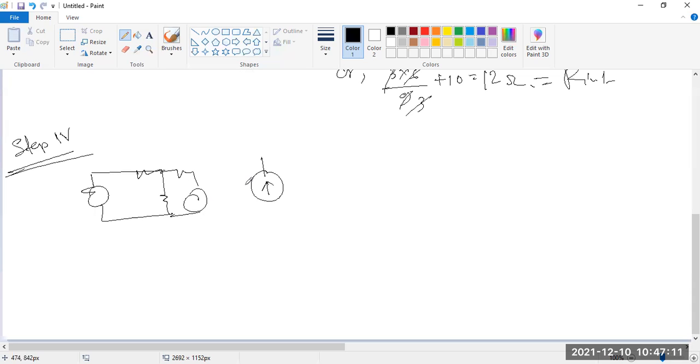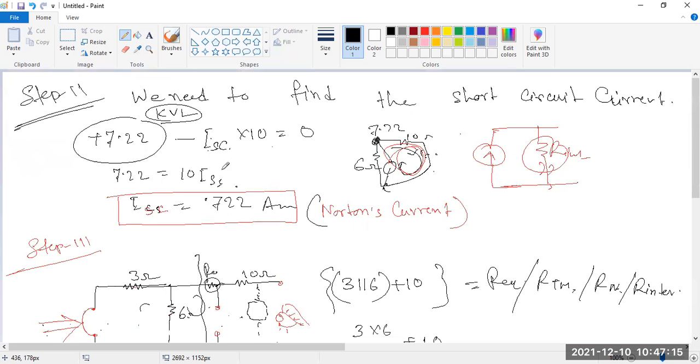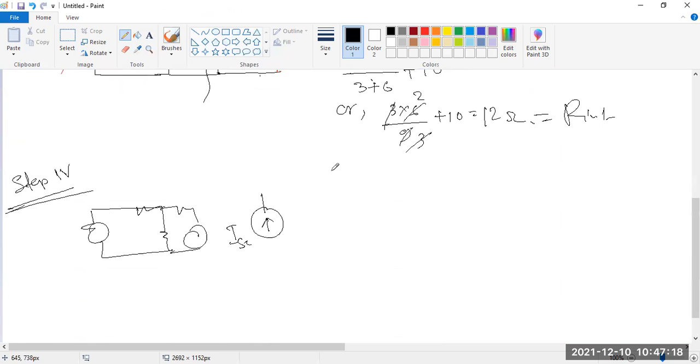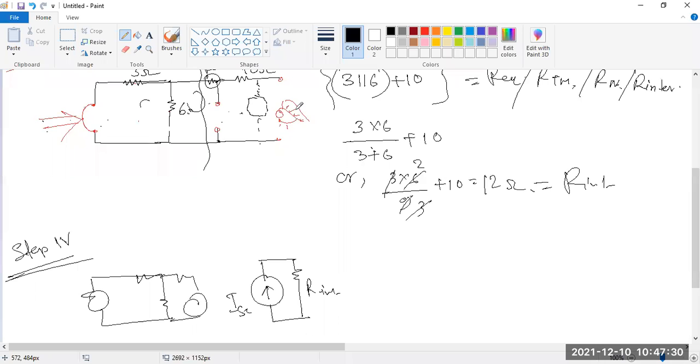Okay, you got the short circuit current ISC from this equation and this solution, in parallel with your internal resistance. This internal resistance was calculated when the load terminal is open, and all the sources are removed, voltage sources are shorted and current sources are kept open.